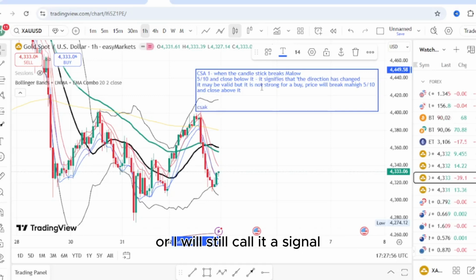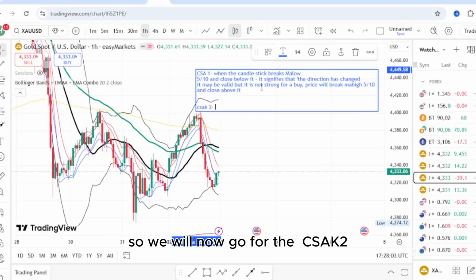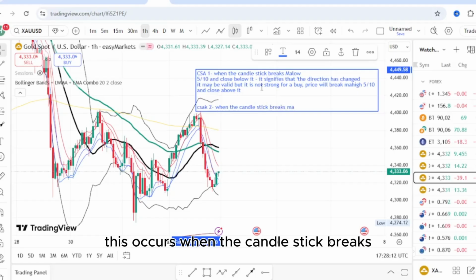So we will now go for the CSA2, the second type. This occurs when the candlestick breaks my low 5 and 10, and also the mid BB.